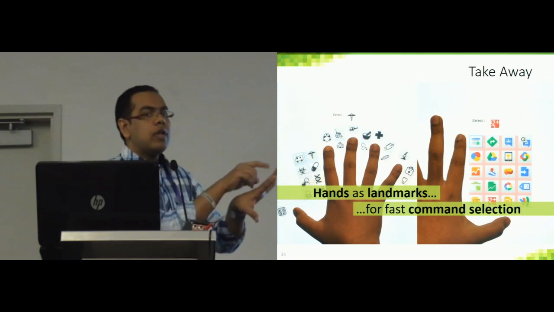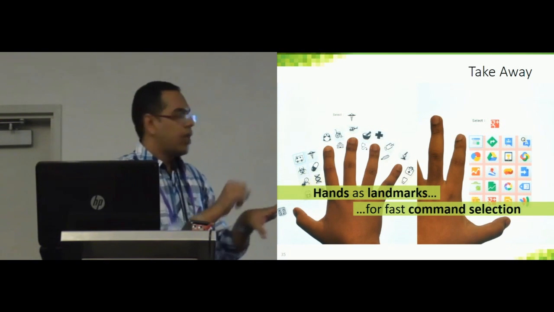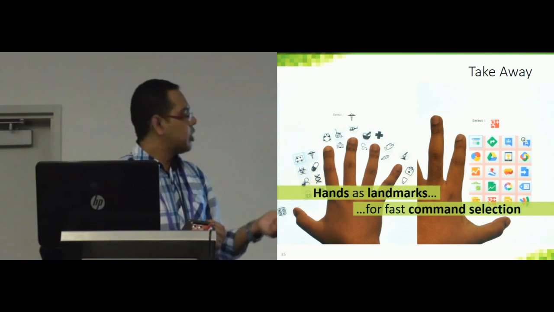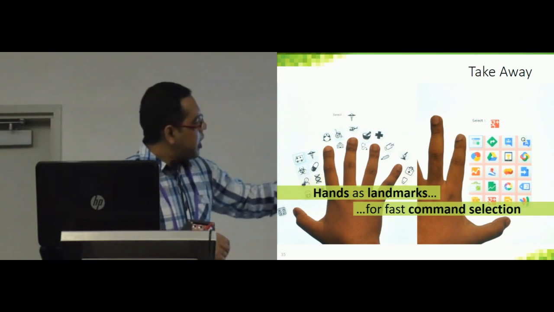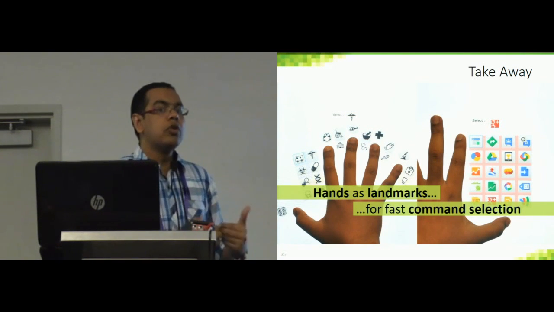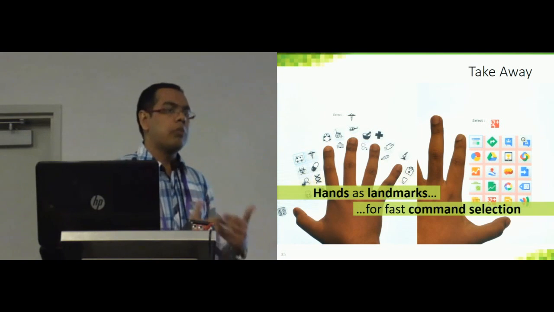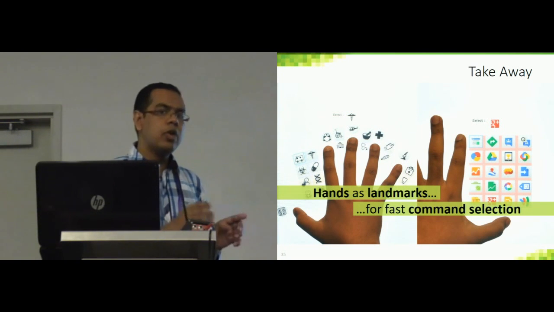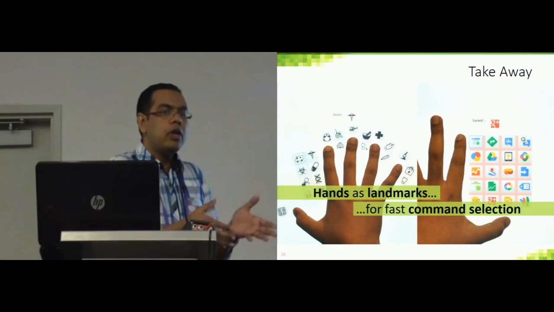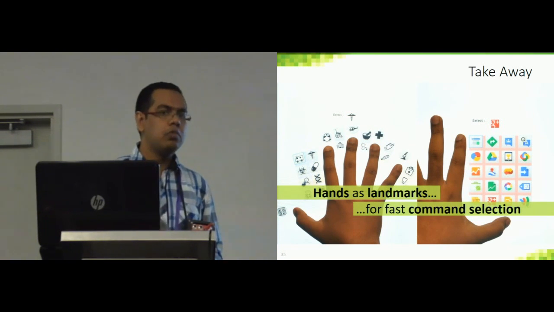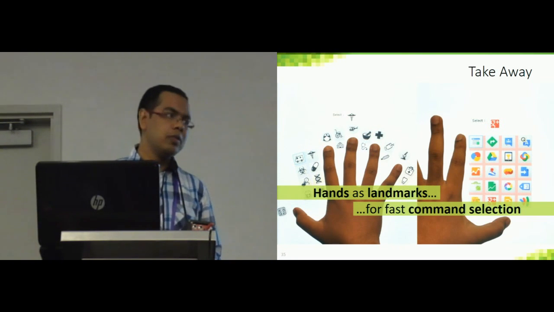Those can be used as shortcut keys. For HandMark-Multi, from our experiment, we found out that the commands placed near the fingers, like the index finger and the thumb, are easily accessible, and people accurately remember those positions. So if we can place the commonly used commands on those positions, we believe that it's possible for them to remember.